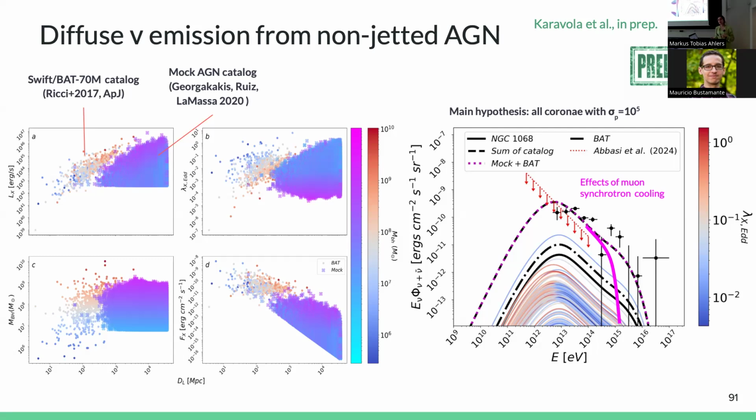So if you account for this synchrotron cooling loss term in the pions, you decrease the flux of neutrinos you produce above a given energy. This is just a schematic to show you the suppression we expect in the neutrino spectrum because of that. We are now doing the calculations numerically, accounting for this effect for every source in the sample. We have 1 million simulated AGN.